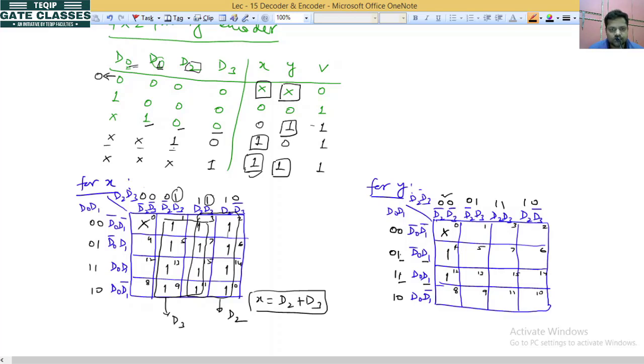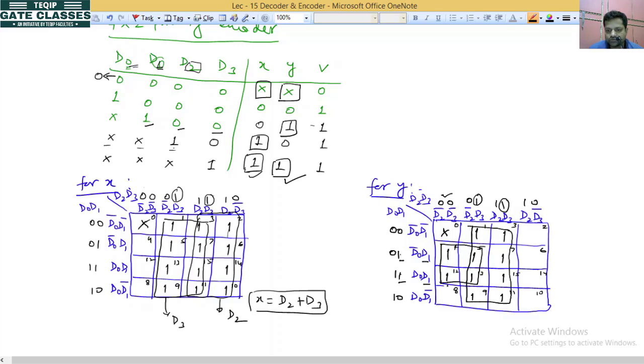Now the next one is this one. For this one we have D3 as 1, so D3 is 1 in how many cases? In these 4 cells and these 4 cells. I have to write 1 as output in all these cells. Okay, we have one octet here and one quad.